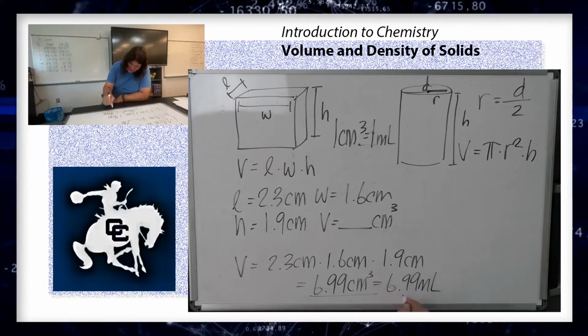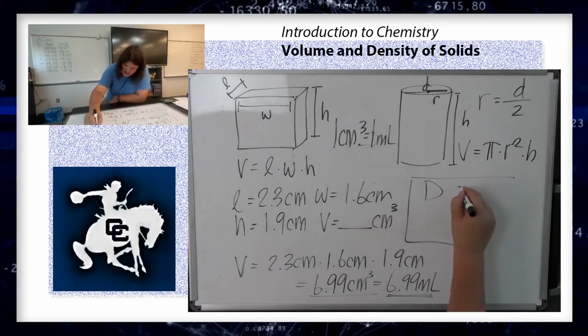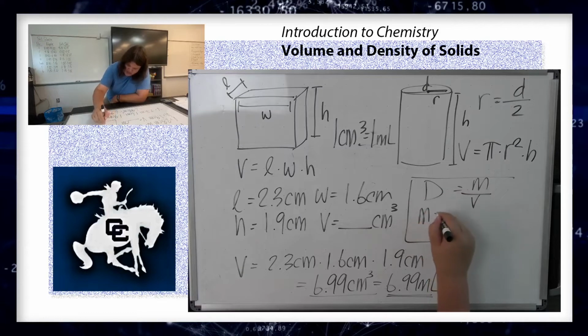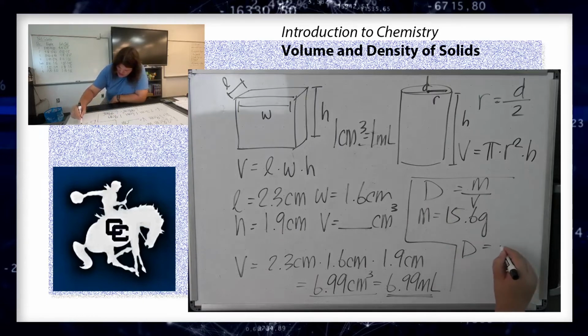milliliters. From this point, if I was to say want to find density, I can find density fairly straightforwardly. For example, remember, the density is mass over volume. If I know the mass of my cube is 15.6 grams, my density is going to be the mass, 15.6 grams, divided by my volume, 6.99 milliliters.